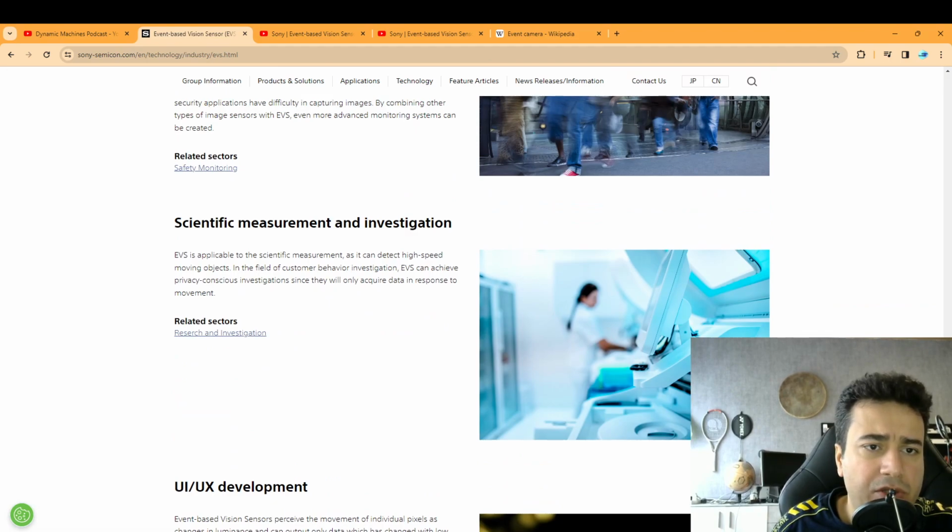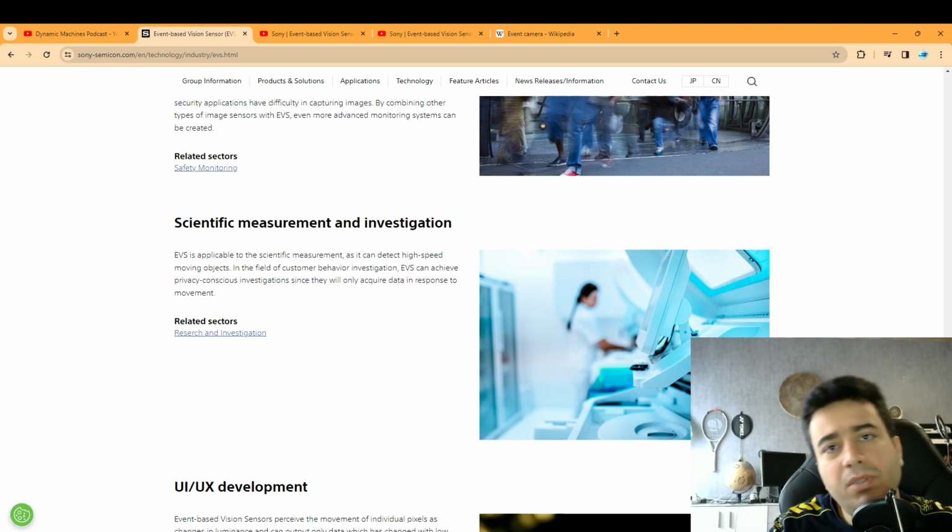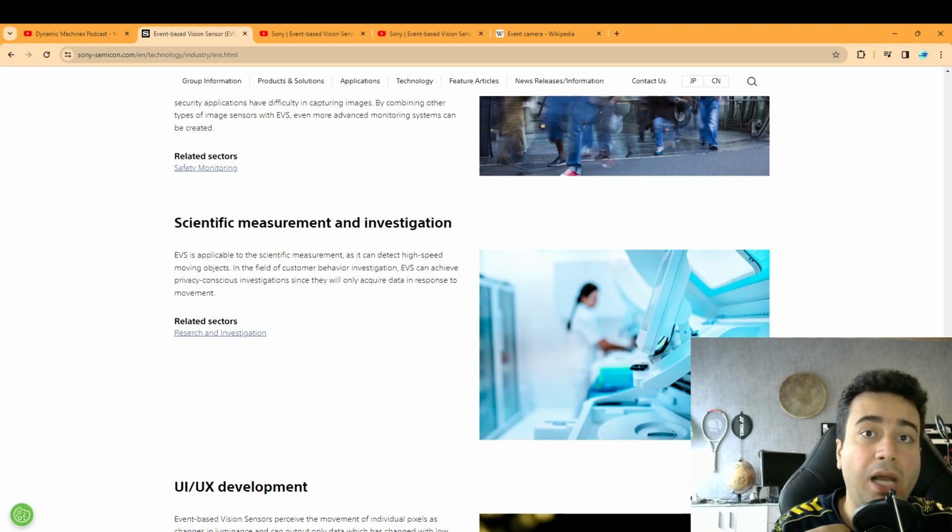In scientific measurement, EVS is applicable because it can detect high-speed moving objects, and also in the field of customer behavior investigation. This is actually something that I personally would like to try, but unfortunately I do not know anyone who can lend me an EVS camera.